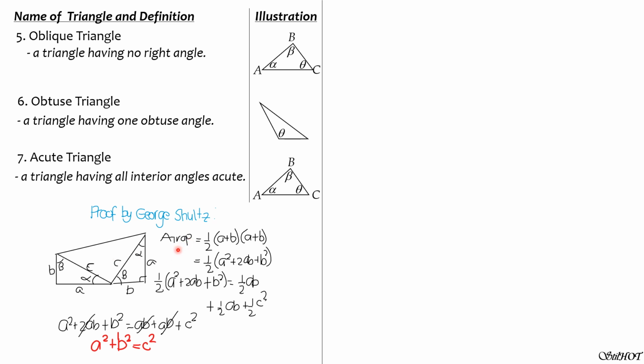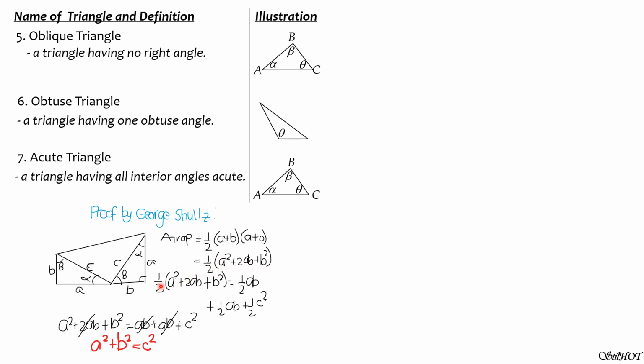The area of a trapezoid is 1/2 quantity A plus B, the sum of parallel sides, times the distance between parallel sides, which is also A plus B. So simplifying and expanding, that's 1/2 quantity A squared plus 2AB plus B squared.